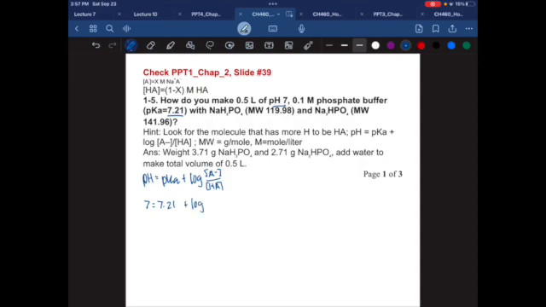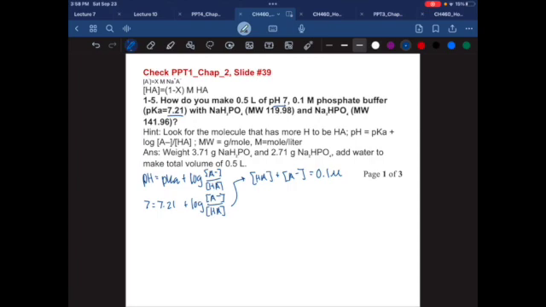And then we will make an equation to take the place of the concentration of conjugate base and weak acid. So we will use this equation: concentration of weak acid plus concentration of conjugate base equals 1, so basically it will add up to the concentration of the solution. In this case, we want a 0.1 molar buffer.